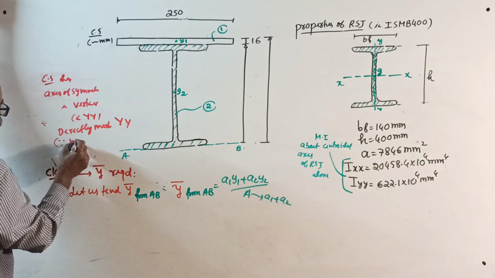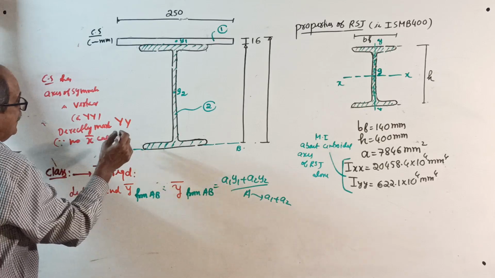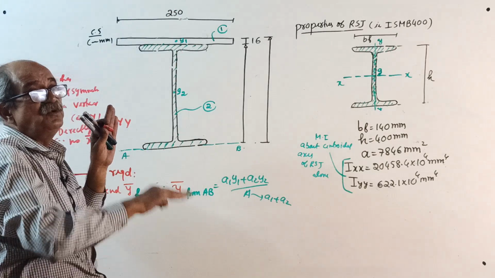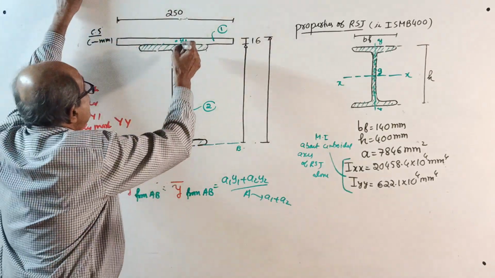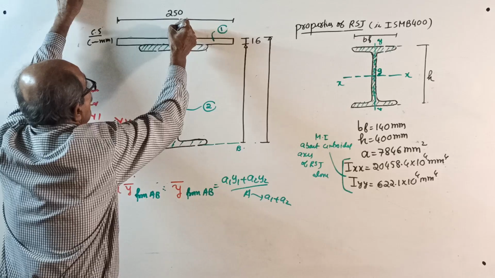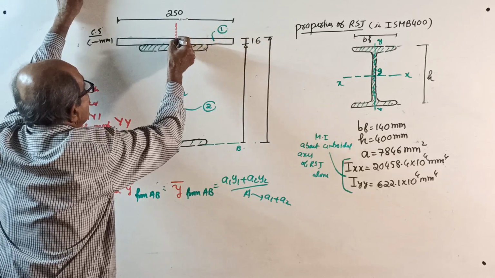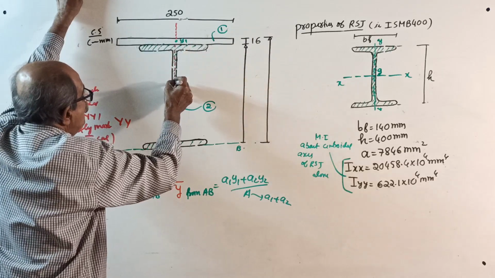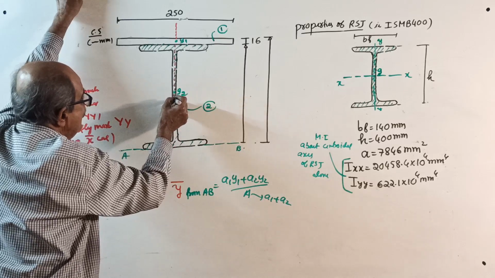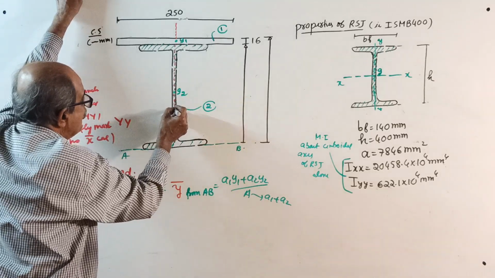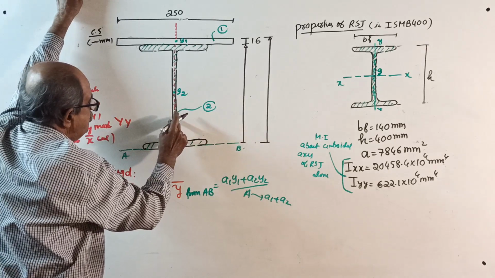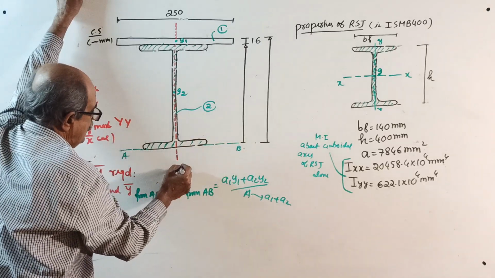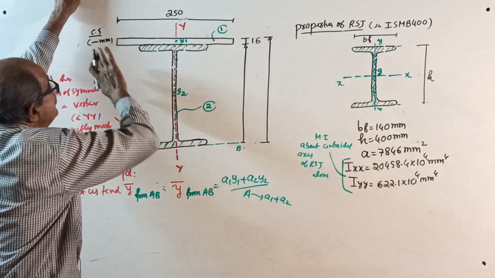Therefore, no X bar calculation. I told you a thousand times, if you want to locate the YY axis you would require X bar, but it is not required. Directly, through the centroid here, mark a line and come down, passing through the centroid of the I section, the midpoint, and come further down. YY. Okay, right, YY.